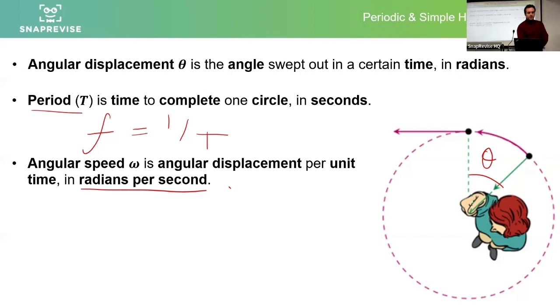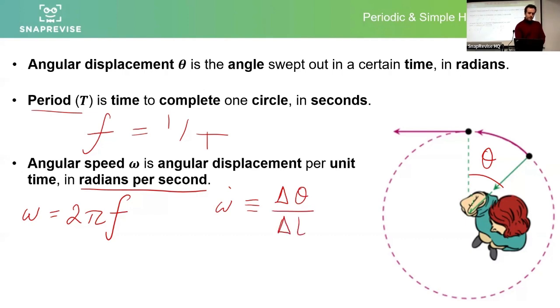So you're doing 6 pi radians per second. How did we get that calculation? Well, we simply multiplied the frequency by how many radians there are per revolution, 2 pi. So if you're ever given the frequency of circular motion, you can work out the angular speed by simply multiplying it by 2 pi, the number of radians in 1 revolution. And the definition of this angular speed is a change in angle over a change in time.